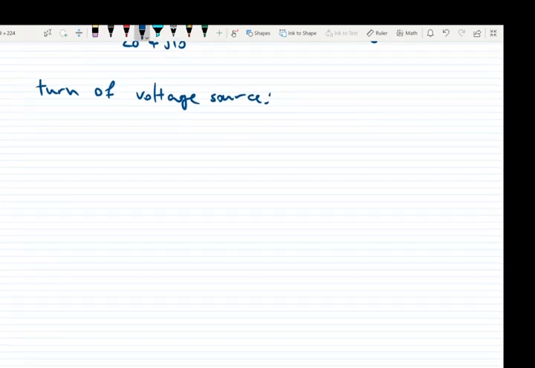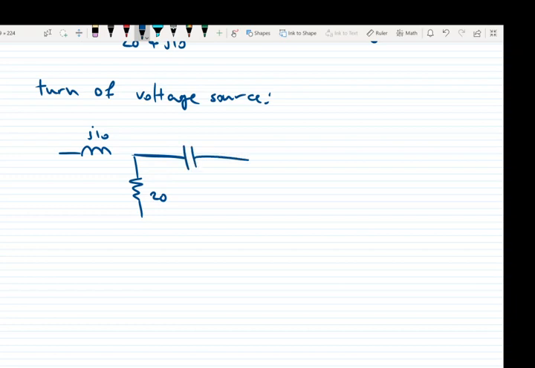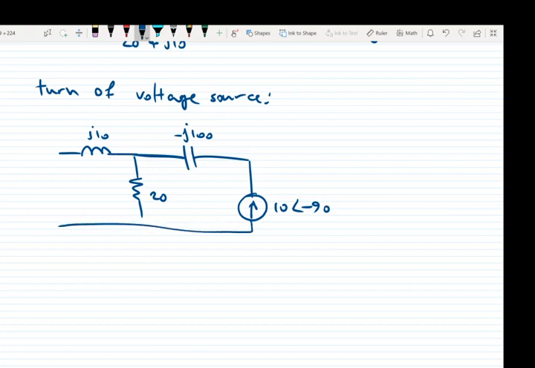Here is the circuit. J10, 20, negative J100, 10 with an angle of negative 90, and this side we have a short circuit.